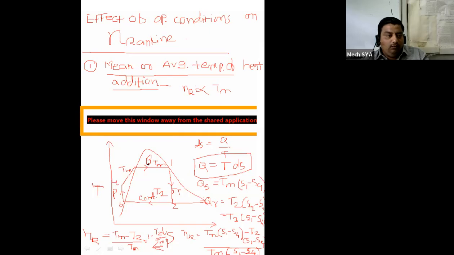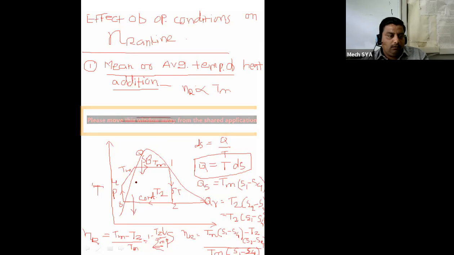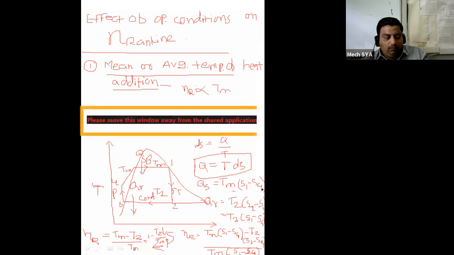Now here Qs is where we supply the heat in the boiler, and here we reject the heat, it is Qr. Therefore Qs is equal to Tm into bracket S1 minus S4, the entropy change.